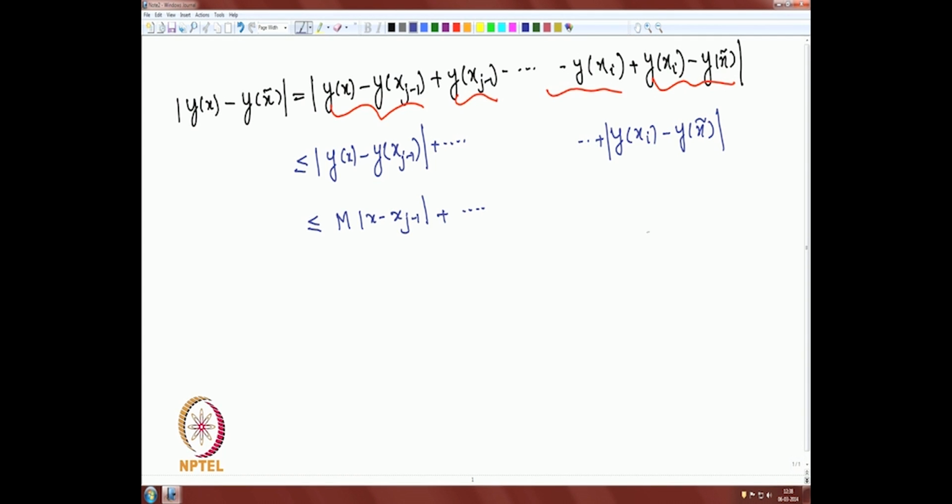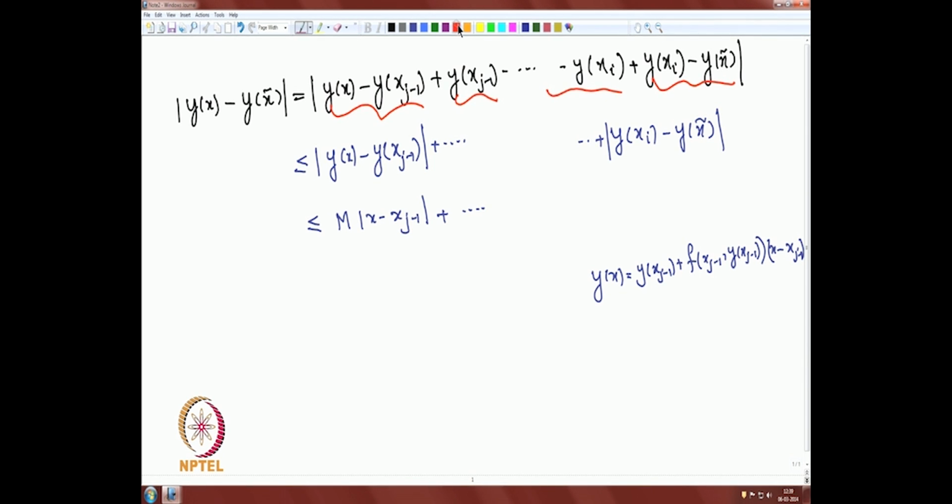Remember the form: y of x is equal to y of x j minus 1 plus f of x j minus 1, y of x j minus 1, into x minus x j minus 1.